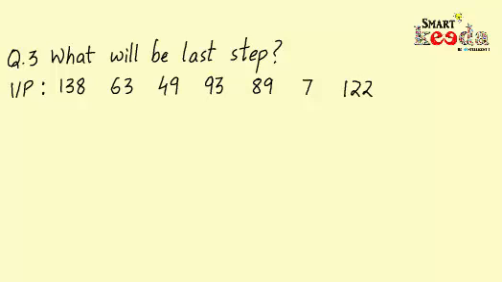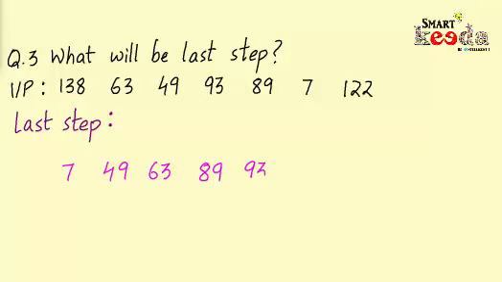From the initial example, we know that the last step or final output consists of numbers arranged in ascending order. Therefore, here also to find the last step, we would simply arrange all the numbers in ascending order. So the last step is 7, 49, 63, 89, 93, 122 and 138.